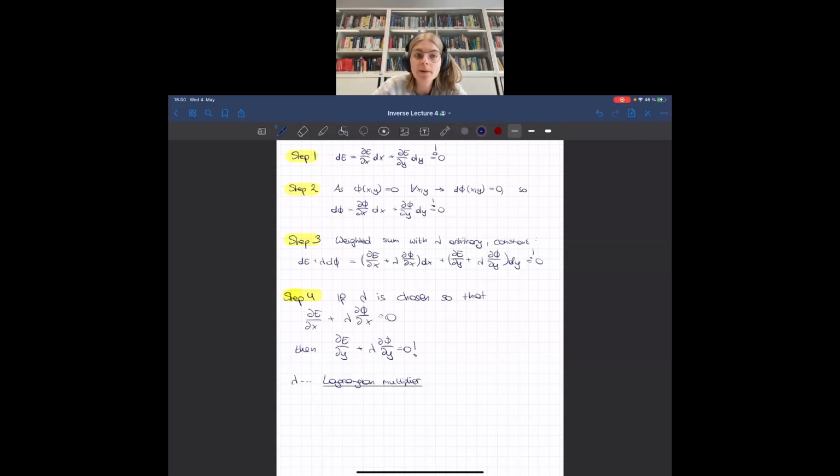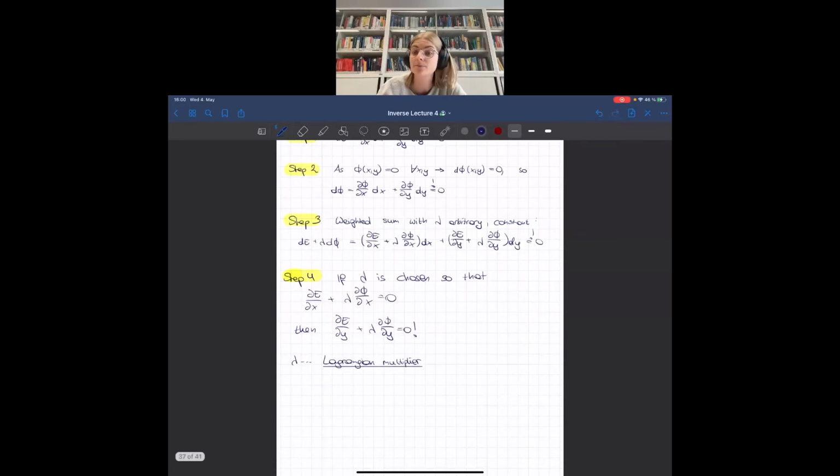But what's a bit more important is that we see now that step 3, which I did, is important to get a certain equation. On the one hand, the derivative with respect to x of E plus lambda phi is 0.